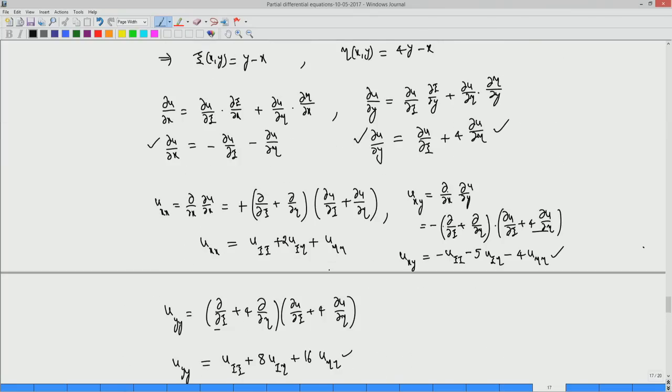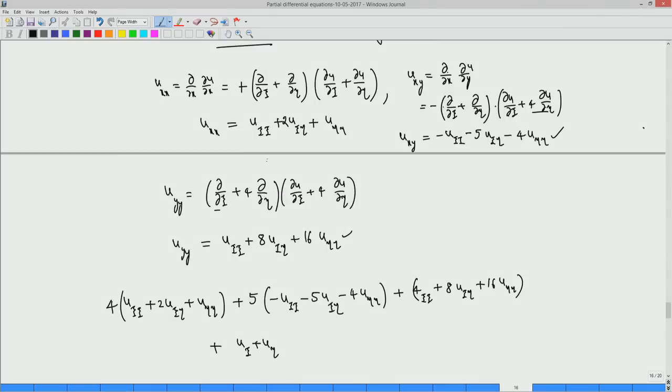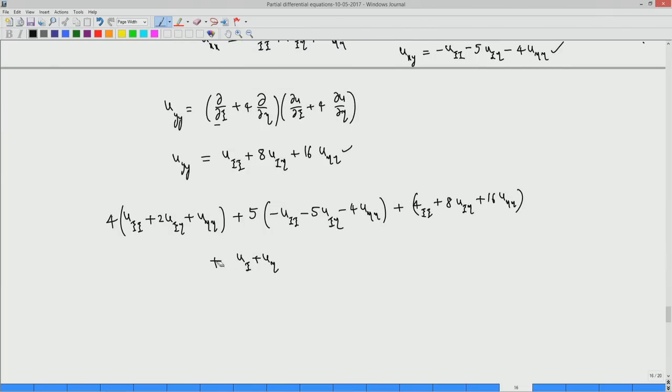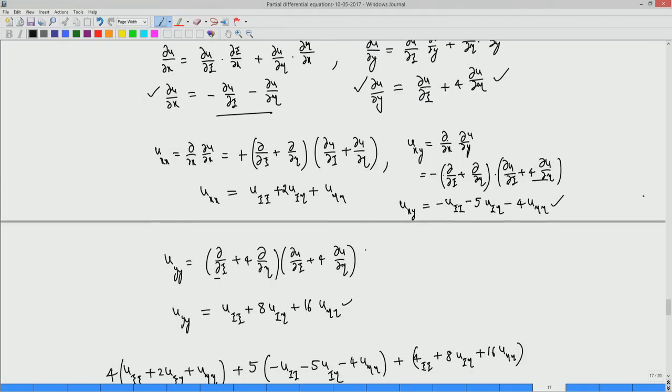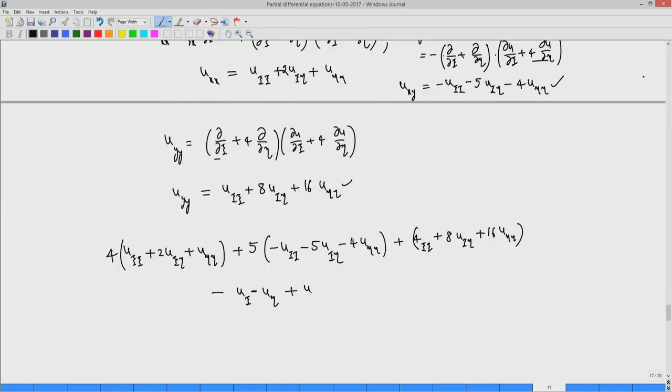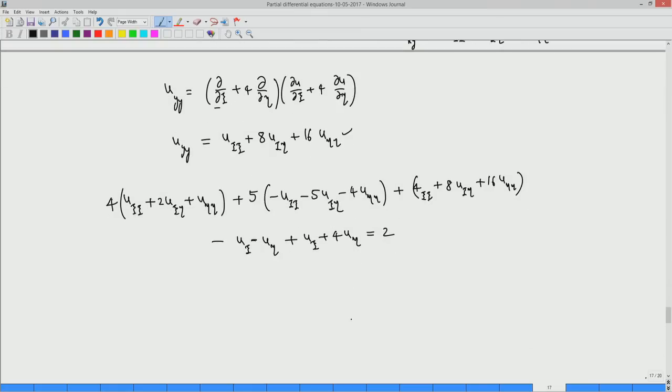That is what you have, u xi. So you have minus, so that is minus u xi minus u eta. That is ux plus uy. Uy is u xi plus 4 eta equal to 2. So this is what it becomes if you substitute.